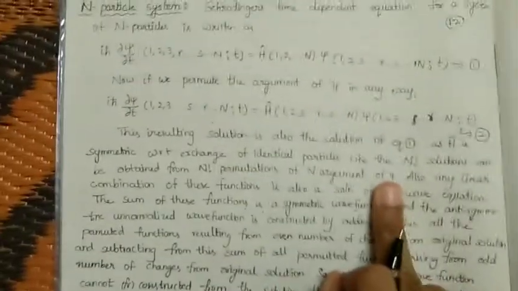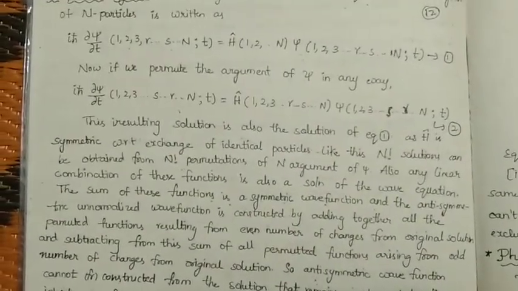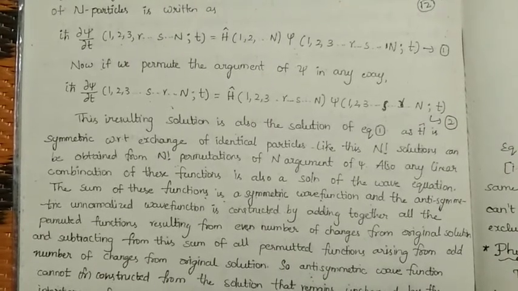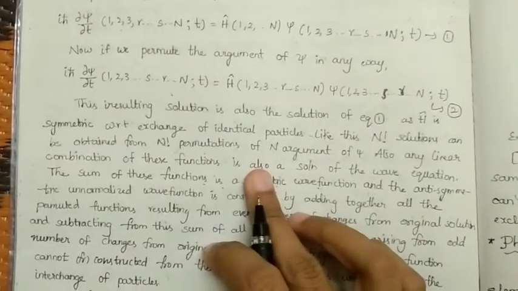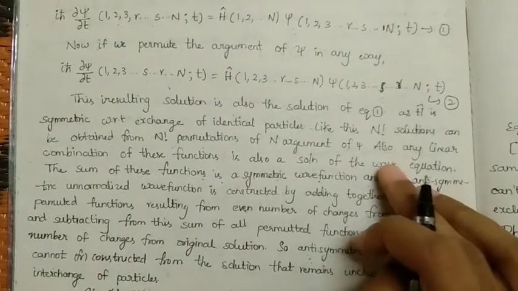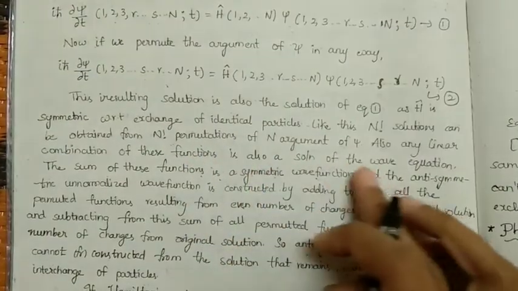If there are two particles, there would be two factorial possible permutations, that is psi of 1 comma 2 and psi of 2 comma 1. With n particles, n factorial possible permutations and n factorial possible solutions would be there.